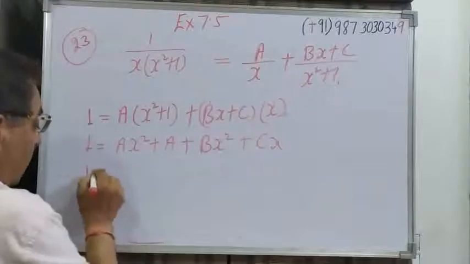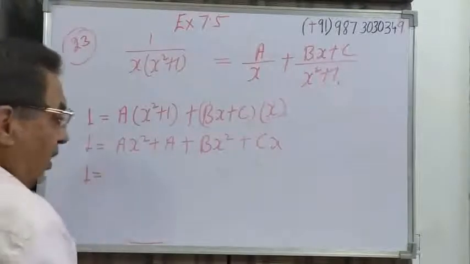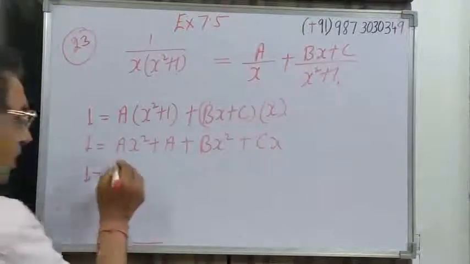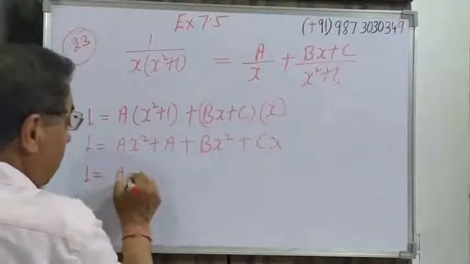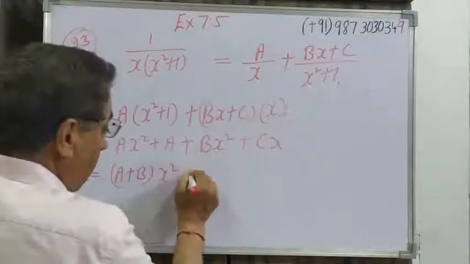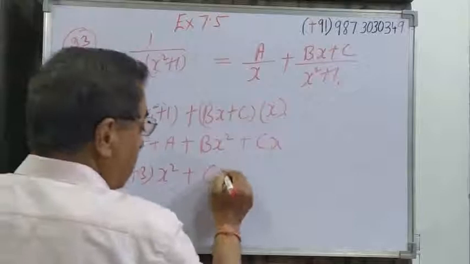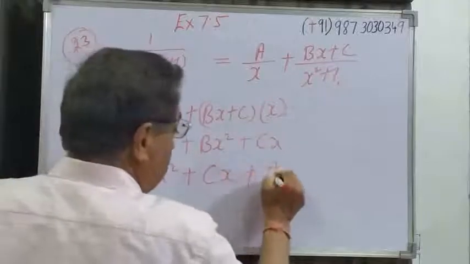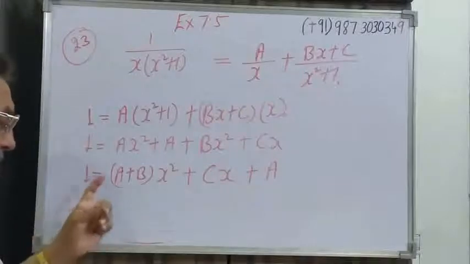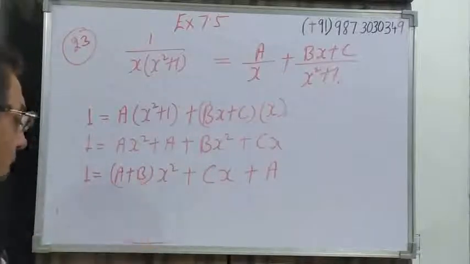Now this further can be written as, we have got two terms of x square, let us take out the x square common: a plus b into x square, and then come the terms of x, then the constant term a. Now we want the value of three unknowns a, b and c.